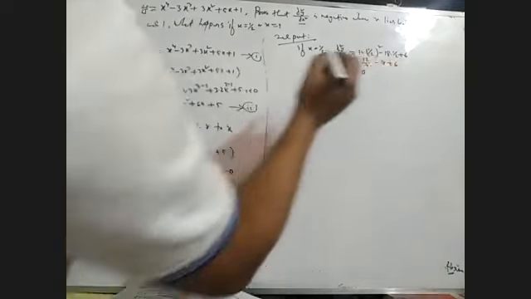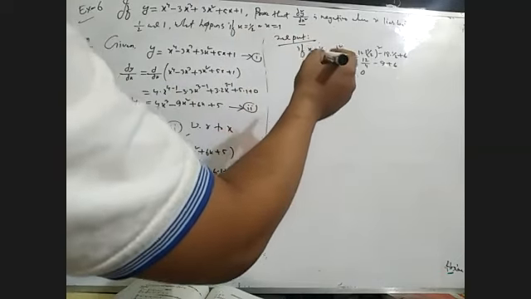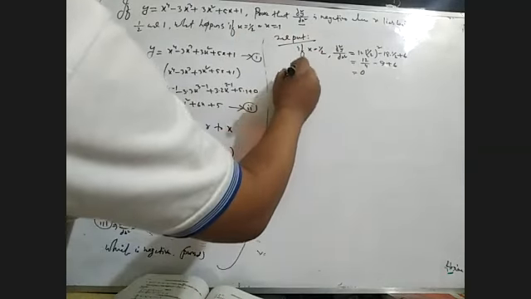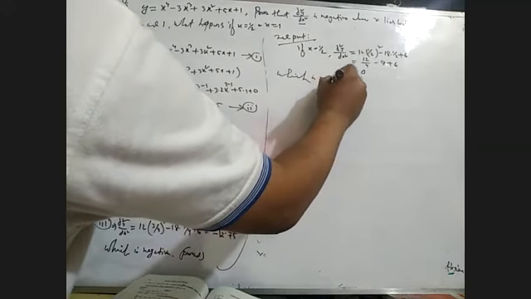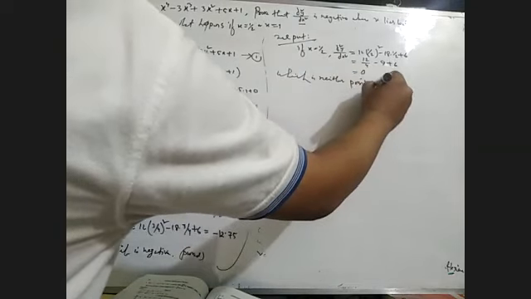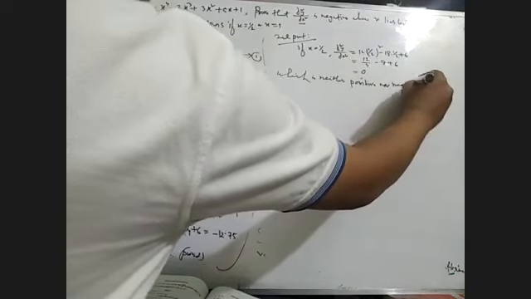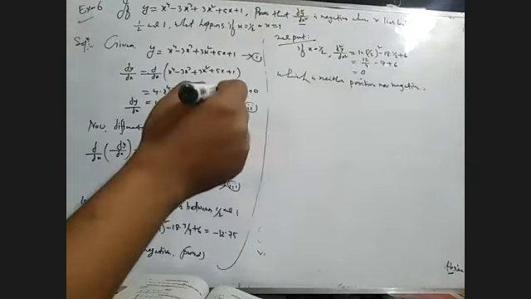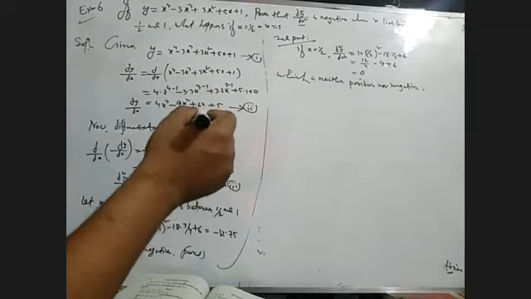That means 0 we get. So if the second derivative is 0, which is neither positive nor negative, at this point we did not get any maximum or minimum value.